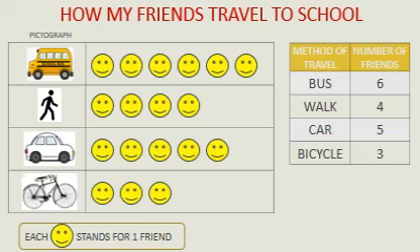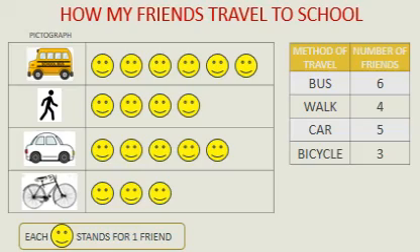Instead of writing the word bus, we show it in the form of pictures. 6 students travel by bus. Instead of writing the number 6, we have drawn 6 smiling faces. The key shows what each smiling face means. It means each smiling face stands for one friend of Fatma.